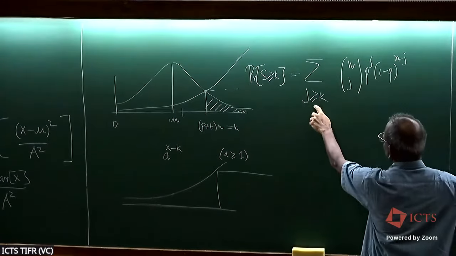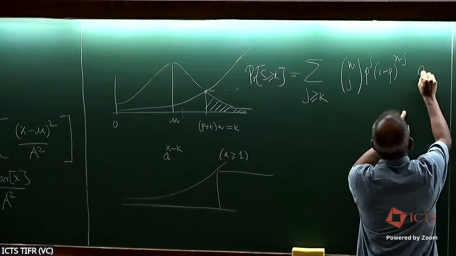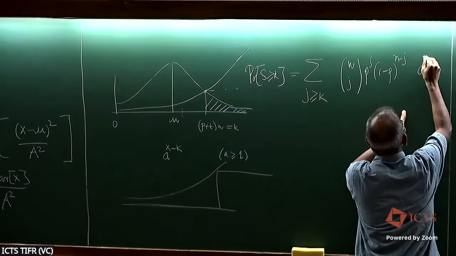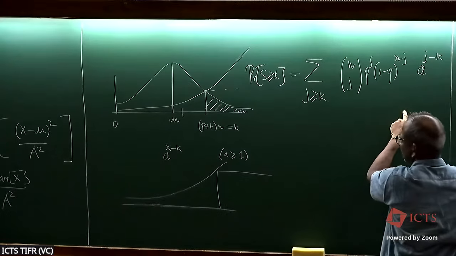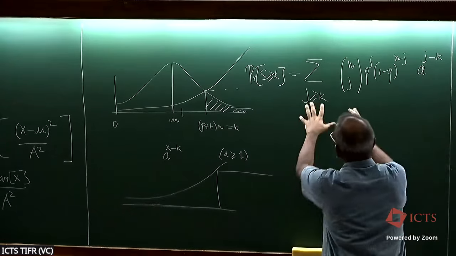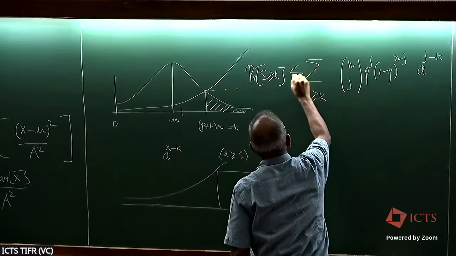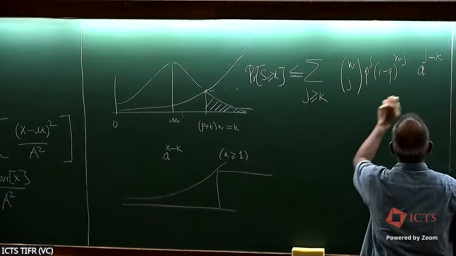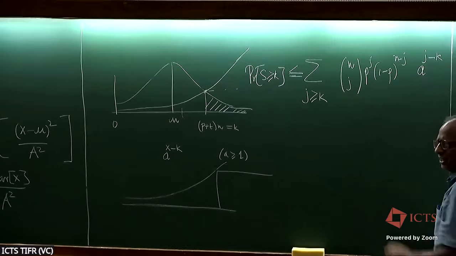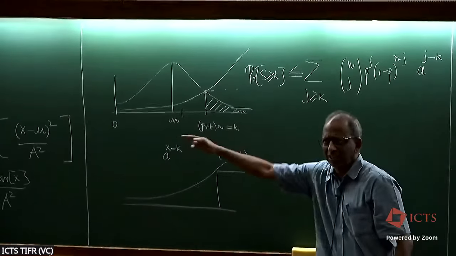But I don't want that. So if I now multiply this by a to the power j minus k, then I'm only overestimating it, because for all values of j greater than k, this quantity is greater than 1. The same principle. Nothing new has happened.